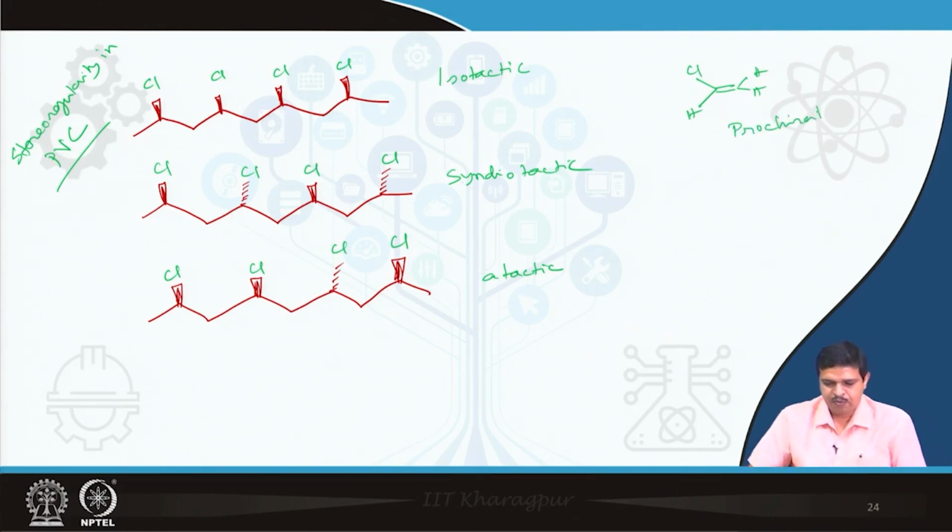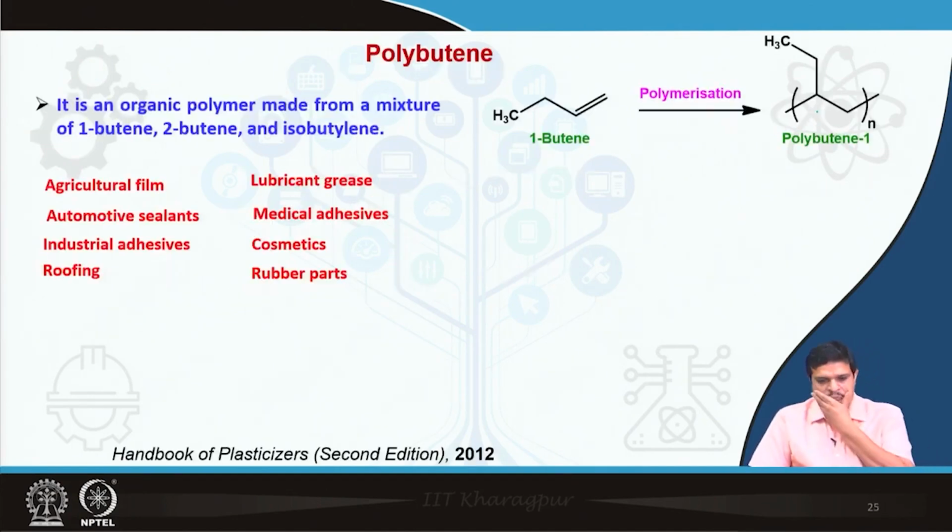So, I think now we have a good knowledge about the microstructure and what is the origin of the microstructure in polymers. Not only the microstructure, different types of regioisomers are also possible, and that also governs the polymeric properties.